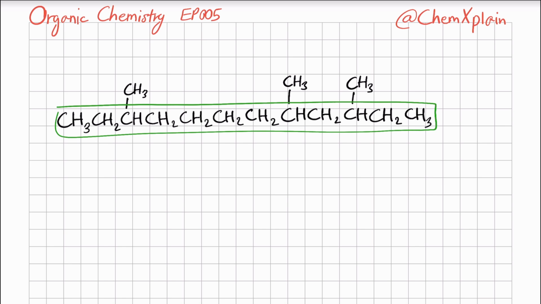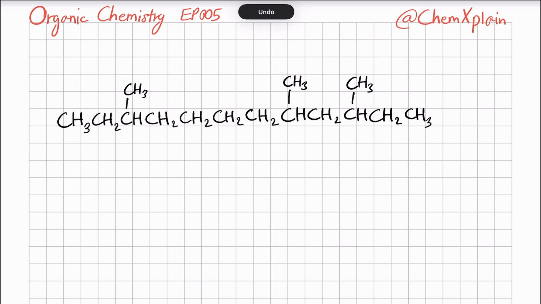But before putting the numbers on the carbons, we have to remember that we do the numbering in the direction that we reach the substituent groups sooner. So it would be in this direction. Now let's find the numbers of carbons. So 1, 2, 3, 4, 5, 6, 7, 8, 9, 10, 11, 12.